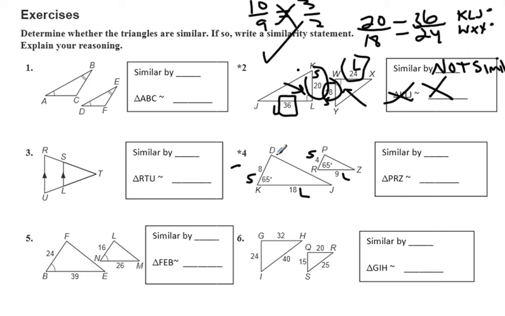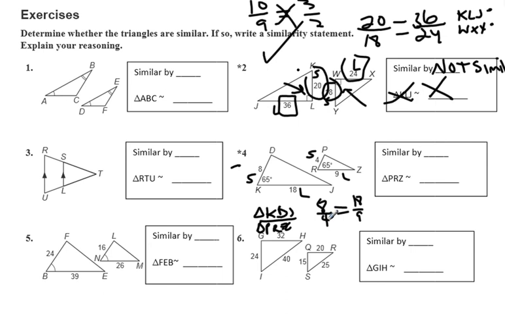And first I'm going to use triangle DKJ over triangle PRZ. This just helps me remember not to skip around. If I do 8 over 4 first, I can't do 9 over 18 second. So I'm going to do 8 over 4, my smalls, set them equal to my larges, 18 over 9.